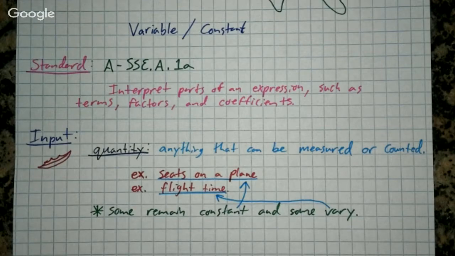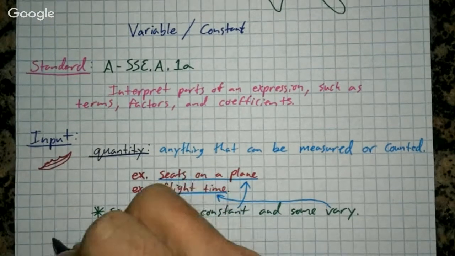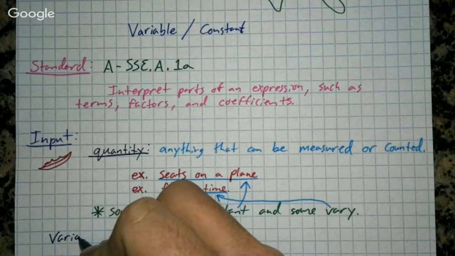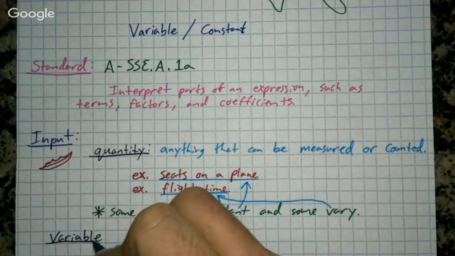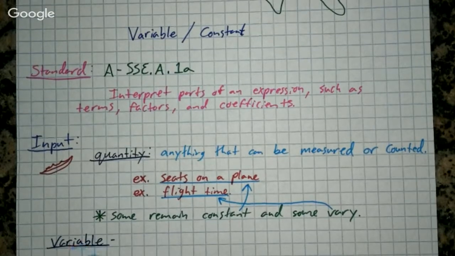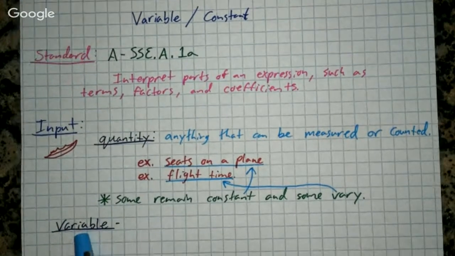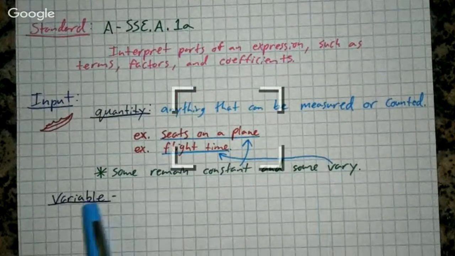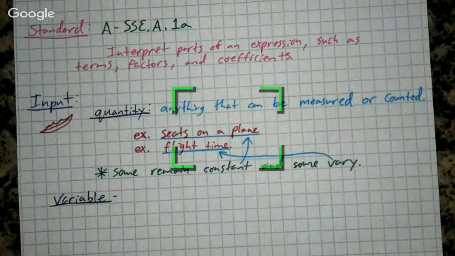All right, our second term is going to be variable. You can probably tell by the way these words look, variable and vary will have something to do with each other.